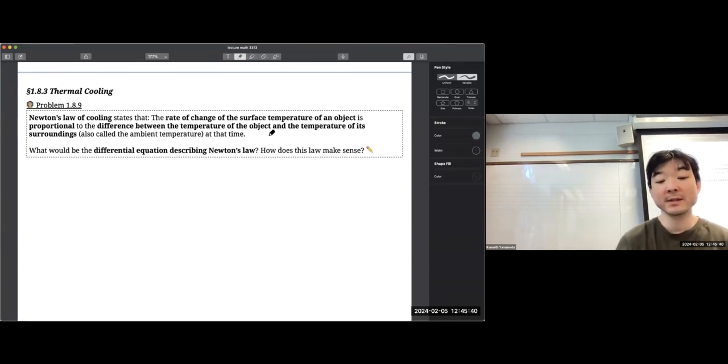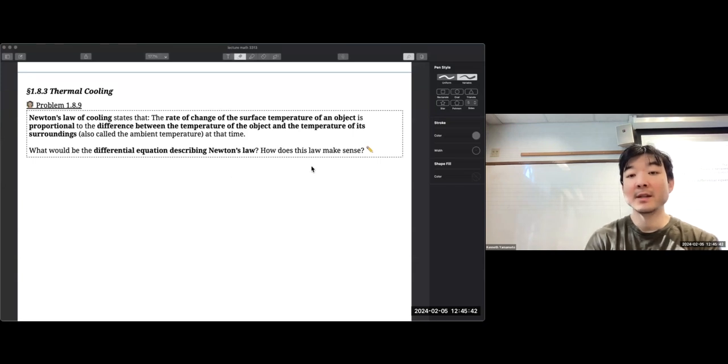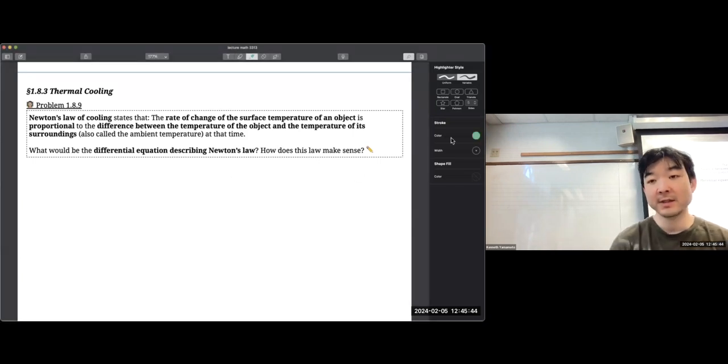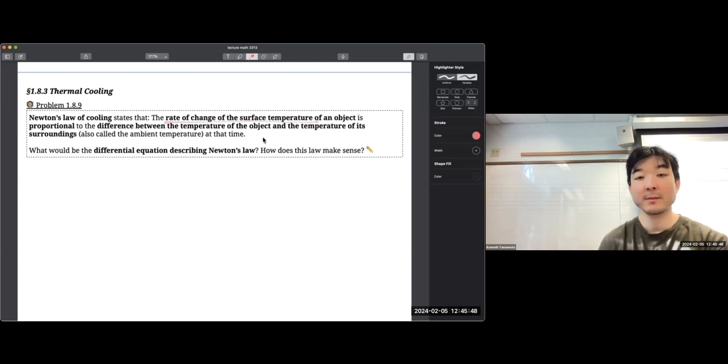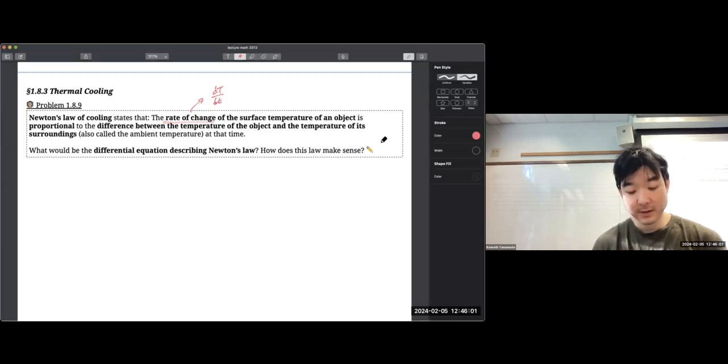So what does this statement mean? Let's label these things. The rate of change of the surface temperature of an object, we'll write as dT over dt, where capital T is the temperature. So I'll just write that.